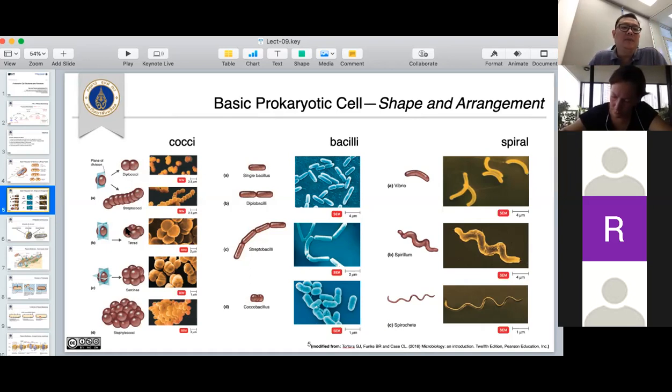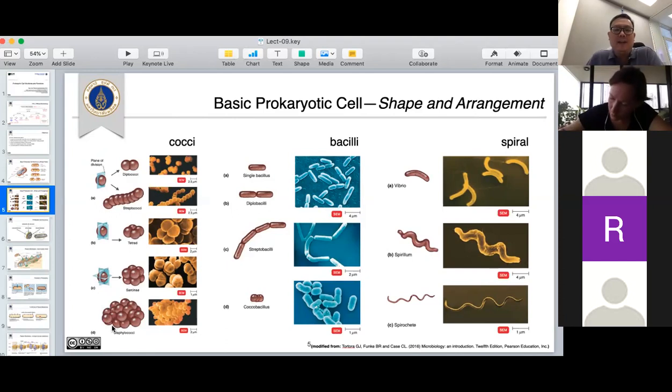Or sometimes the tetrad duplicates again, giving a cube of 8 cells together. We call this the Sarcina pattern, for example in the genus Sarcina. If they group in a clumpy cluster, like this picture, we call them staphylococci. This is the name of the pattern, but don't be confused, Staphylococci is also the name of a genus.